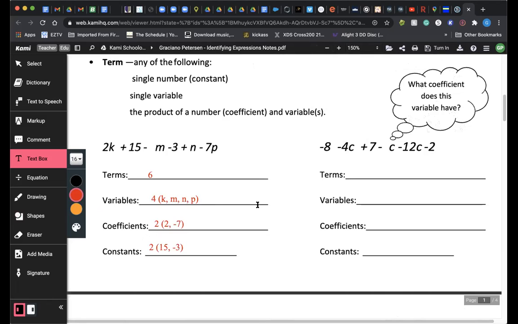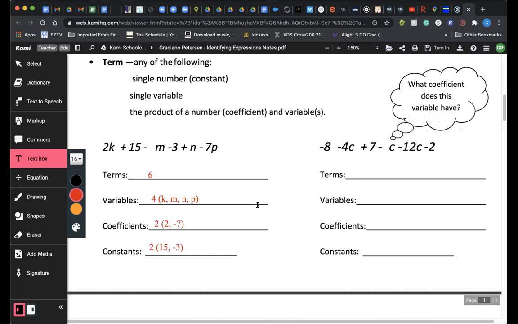Sometimes you get 4, maybe 5 of those questions, where they ask you the definition of a math term. If you miss one, there go free points. So it's important to make sure that you understand what a term is, what a variable is, what a coefficient is, and what a constant is.